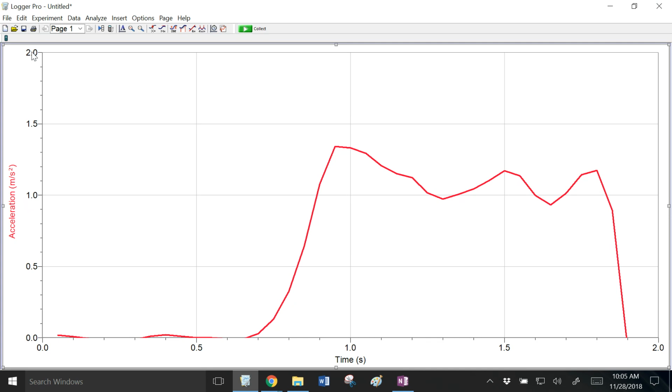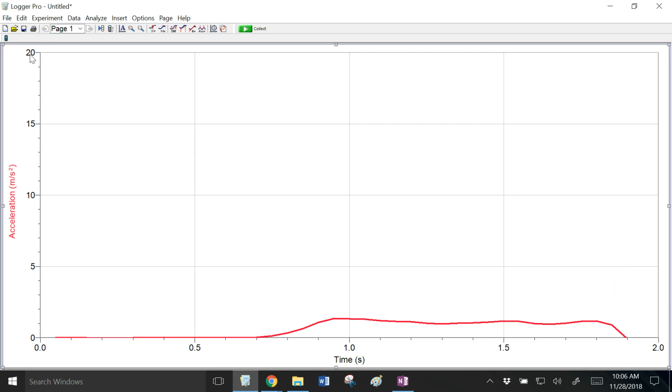It's close enough for government work. That's what a horizontal line looks like in here. If I zoom out far enough, that's flat. There you go. So this is a constant positive acceleration. Go ahead and make sure you've got that on the right side there. Constant positive acceleration.